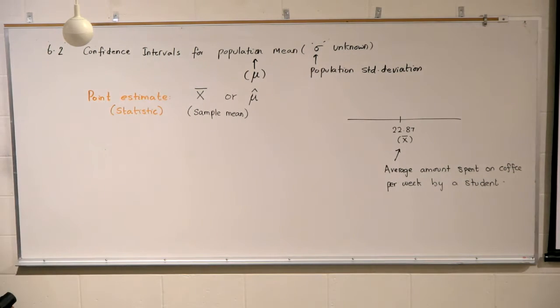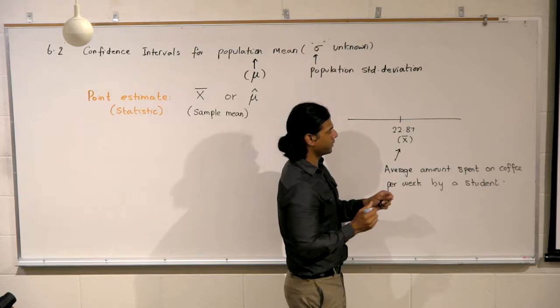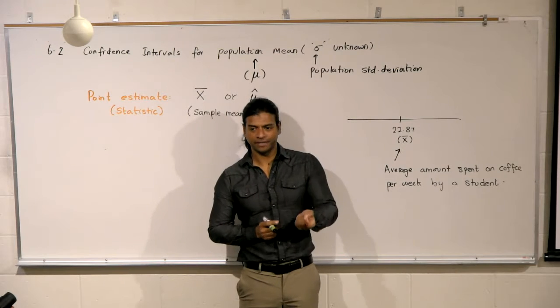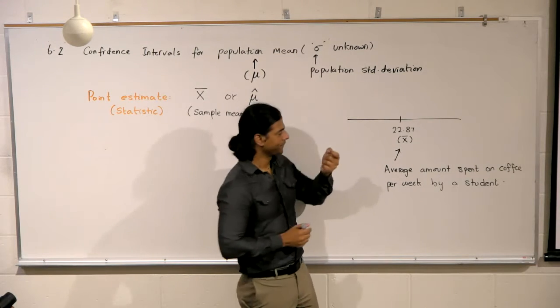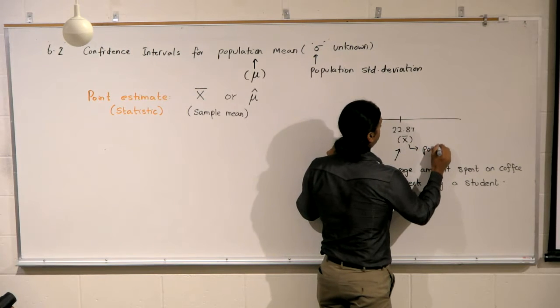So I used some sample, I got this average to be 22.87. That average is what we call a point estimate because it is a single point, right? So X bar is nothing but a point estimator or point estimate.